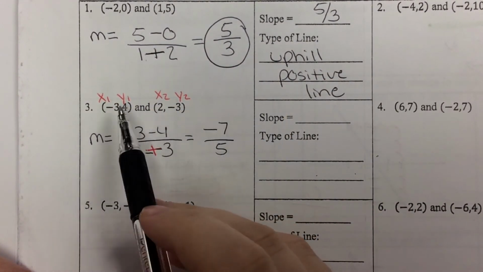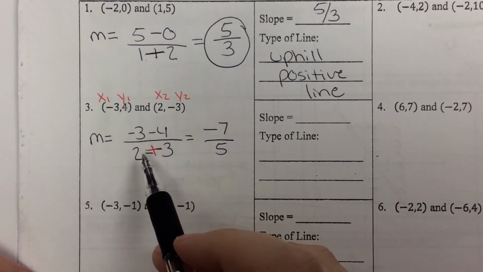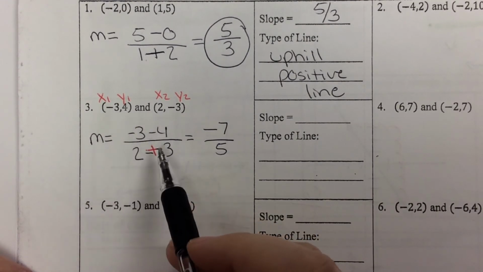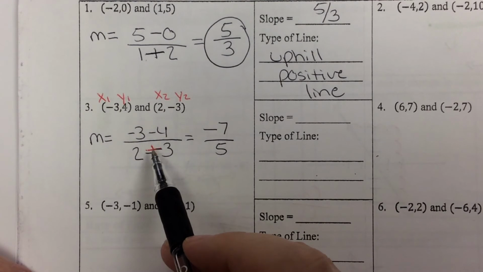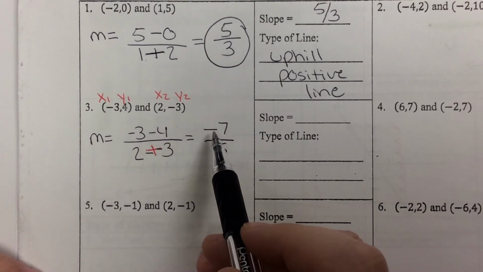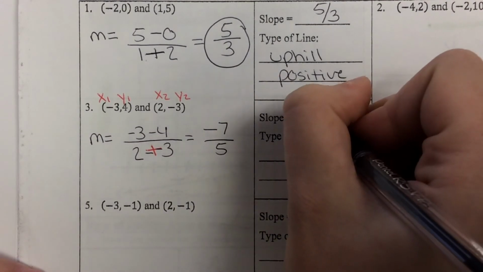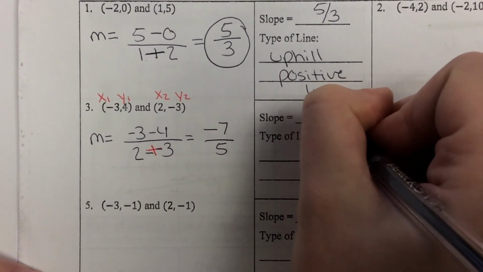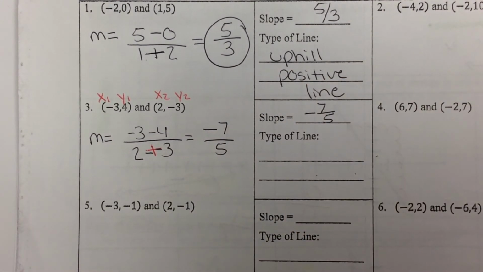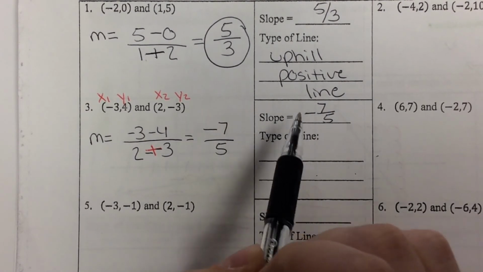On top, we had negative 3 minus 4, and then we have 2 minus a negative 3. Double negatives turn into a positive. So negative 3 minus 4 is negative 7. 2 and 3 is 5. So we have a slope of negative 7 over 5. Now, this is a negative slope value.